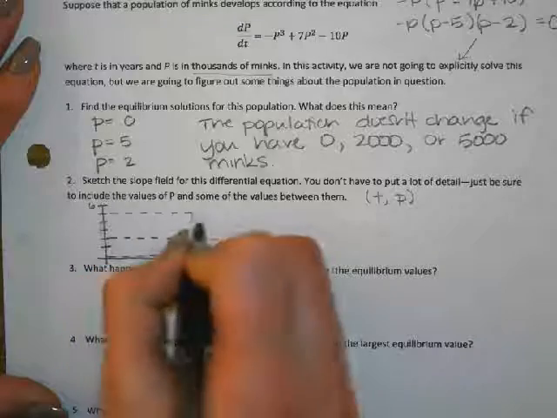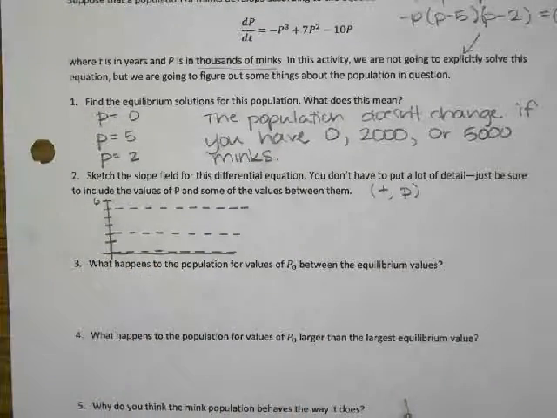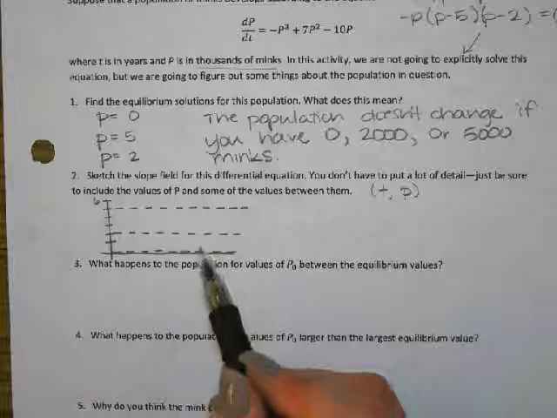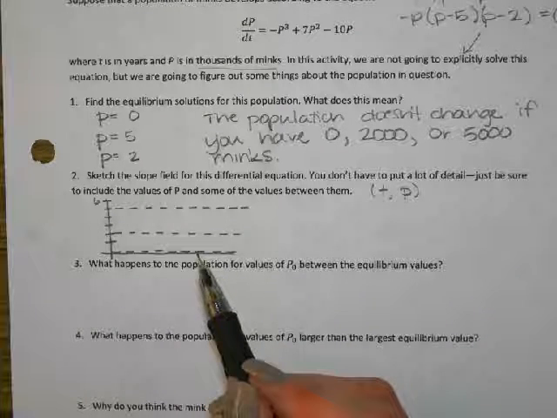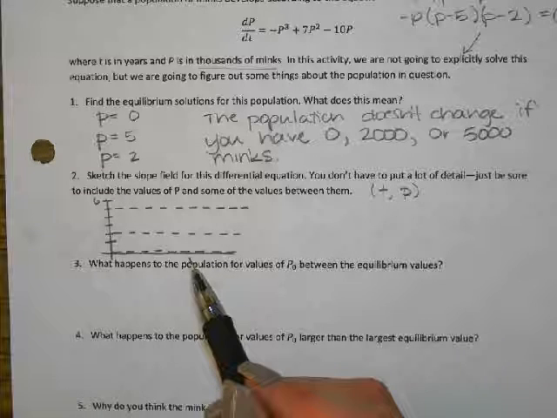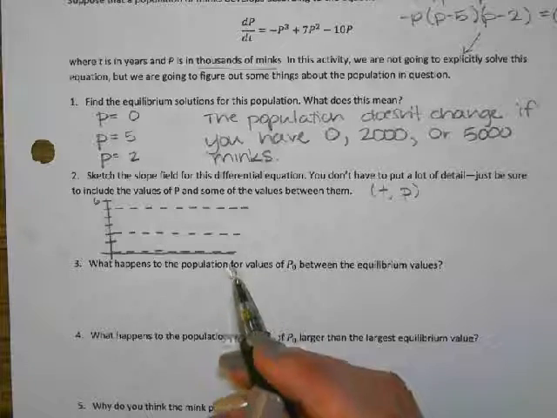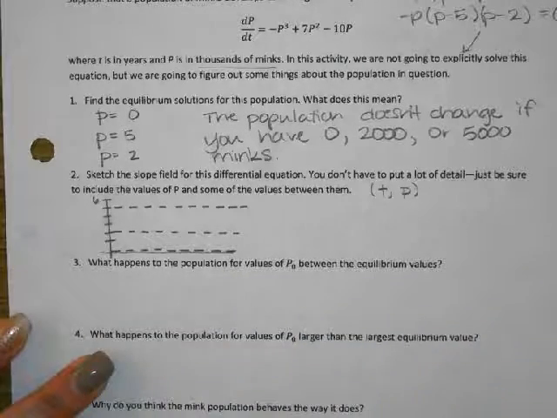So those are equilibrium solutions, and that makes sense, right? Because the derivative should be 0 at those points. The population is not changing. The derivative represents the rate of change. The population at those numbers is not changing, so the derivative should be 0.